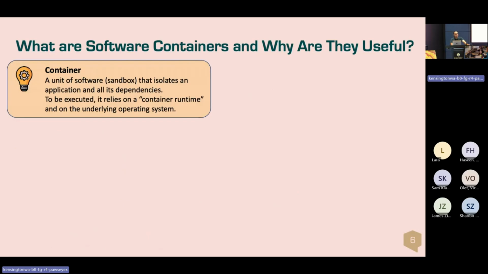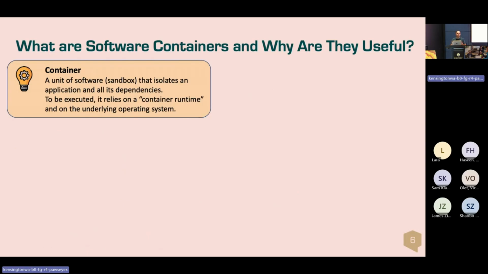Normally you would install your software on your machine, and then you can collect all the files and dependencies, including the structure they are installed in, and bundle them, isolate them in a single unit or a file that you can see as an archive. Then you can use that archive to execute that software everywhere, because you not only bundle the software but also all the dependencies and the environment it depends on. So that is a container.